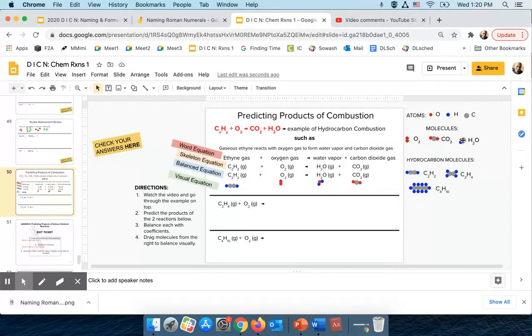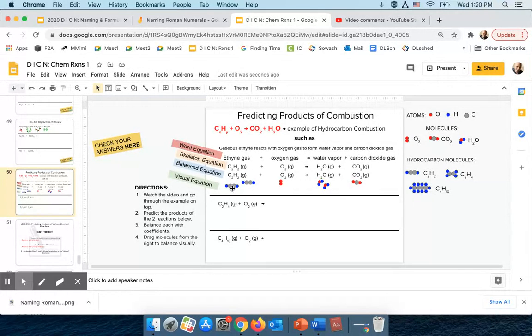So I'm going to start by adjusting water first to give me an even number, in this case 2 oxygen, right? Now when you do that, notice that that increased the number of hydrogen on the right side, so let's fix it on the left, and let's add another C2H2 molecule there. And now I have 4 blue hydrogen on each side.